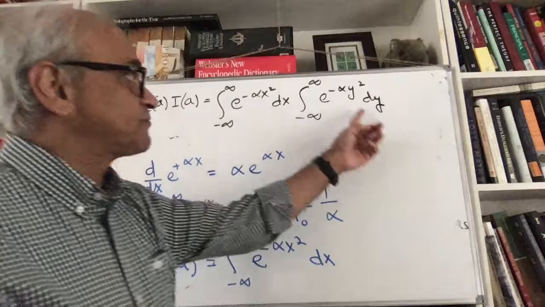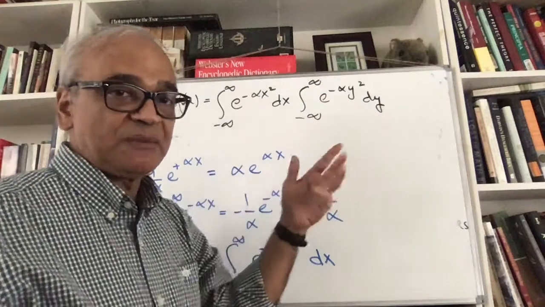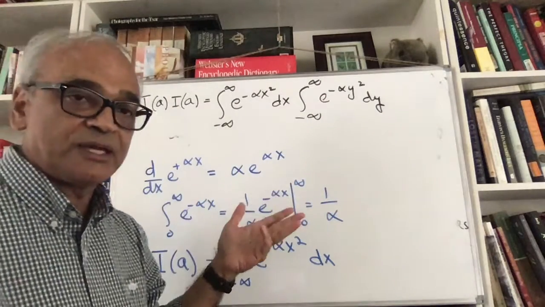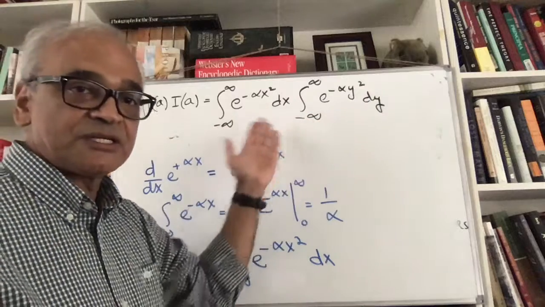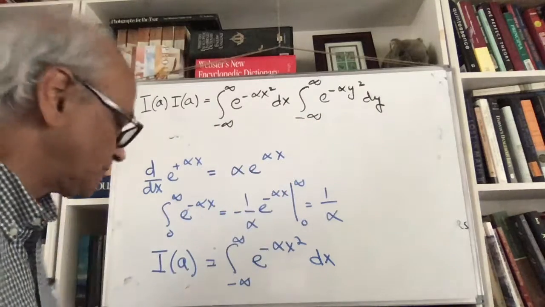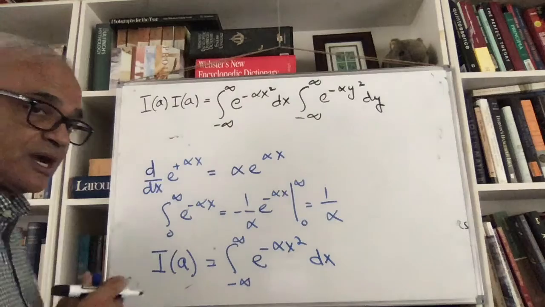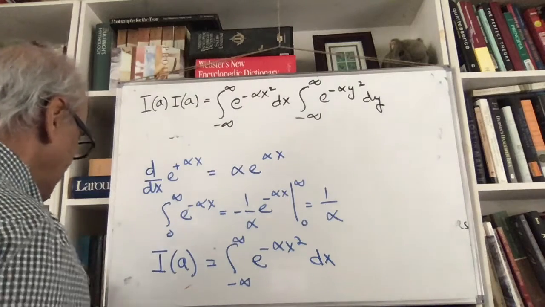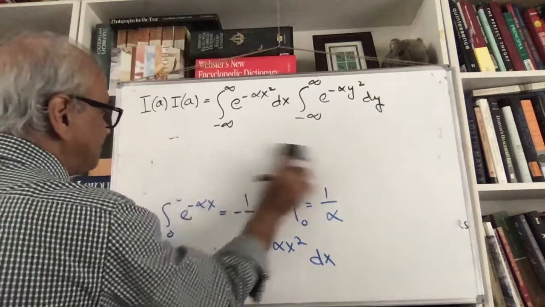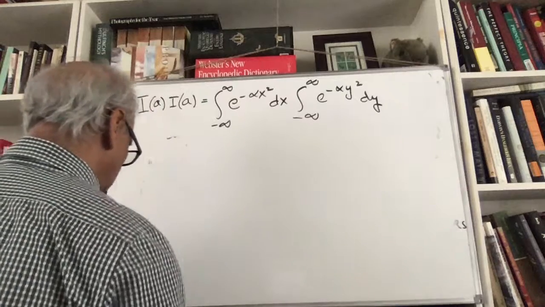As you know, these are just variables, and in the end, when you put the limits, it doesn't matter whether it's x or y. Basically, this and that integration are the same, right? They will give the same result. So this will give me I squared of alpha. All right, so let me expand this one right now.